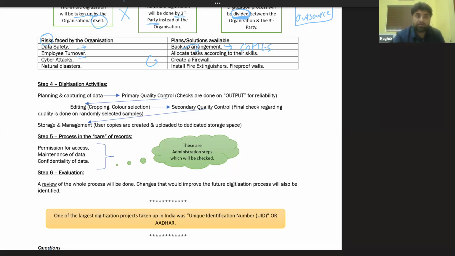Now, employee turnover. Allocate tasks according to the skills. Okay, what is employee turnover? What is the terminology? I'm not talking from the data point of view. This is talking from the cost point of view, from the accounts point of view. Employee turnover is a terminology where we see, in a matter of time, how many employees got changed?